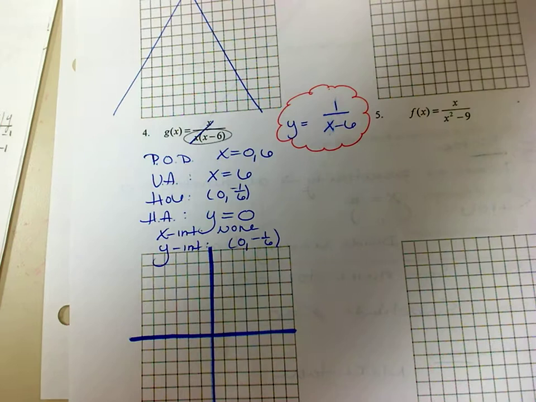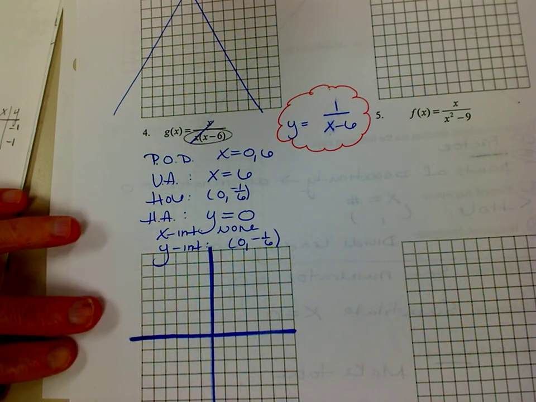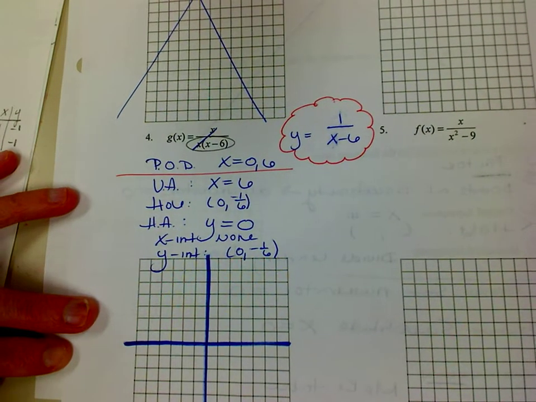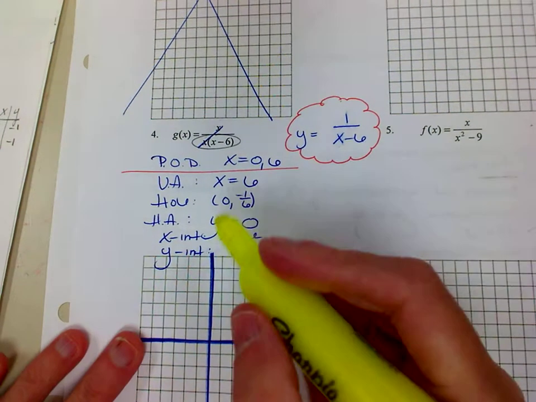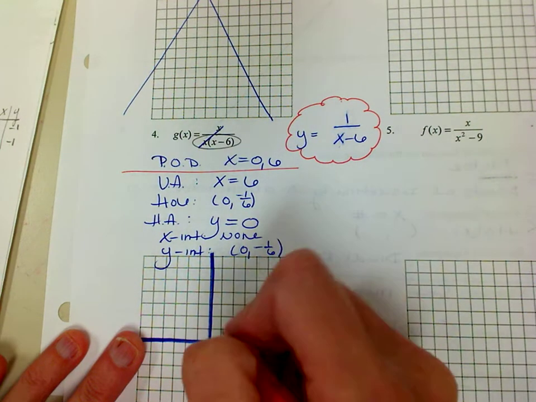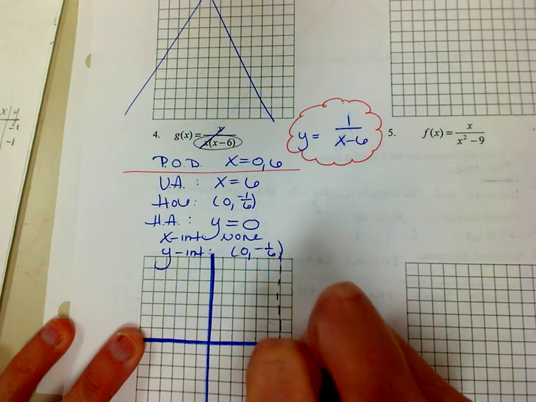Okay, now I'm ready to put all this together. So I am going to graph, first of all, the vertical asymptote. So I'm going to go over to 6 on the x-axis. I'm going to draw in a vertical asymptote.